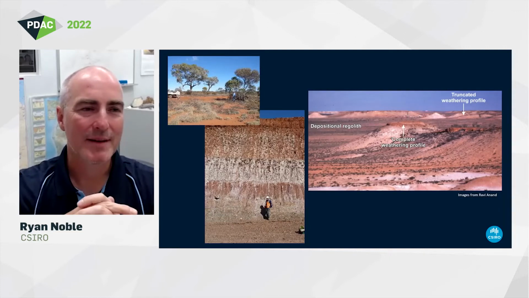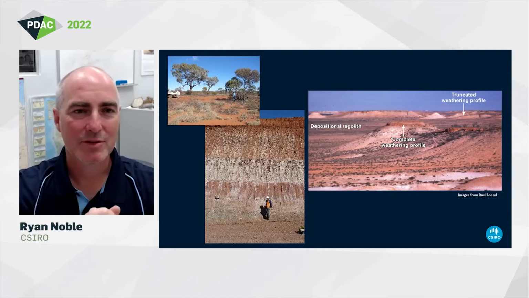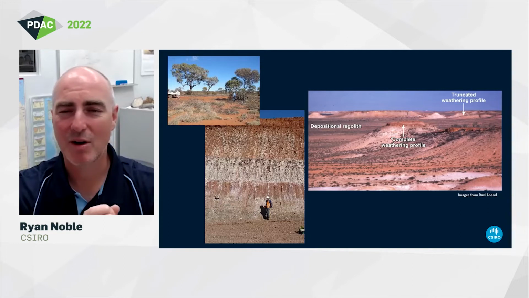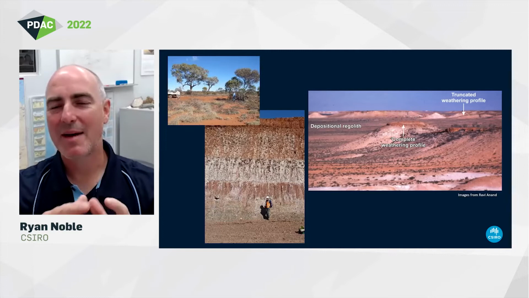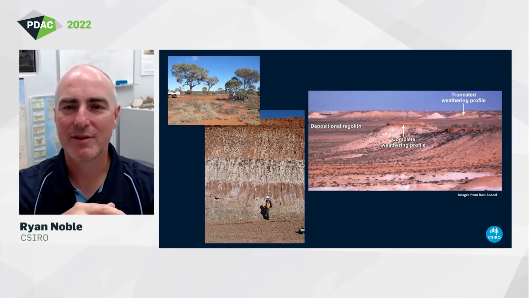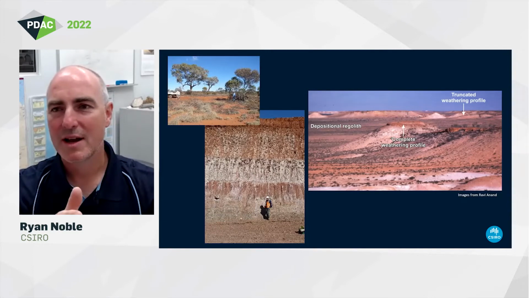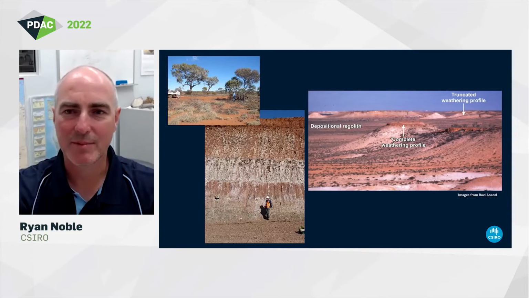There's not a lot of observed differences on the surface, but you can see on the picture in the middle there, there's a deep weathering profile in a lot of these things. There's often paleochannels, all sorts of changes are happening below the surface. And if you think about on the picture on the right, where you can see some of these different zones, you've got a complete weathering profile on the top.